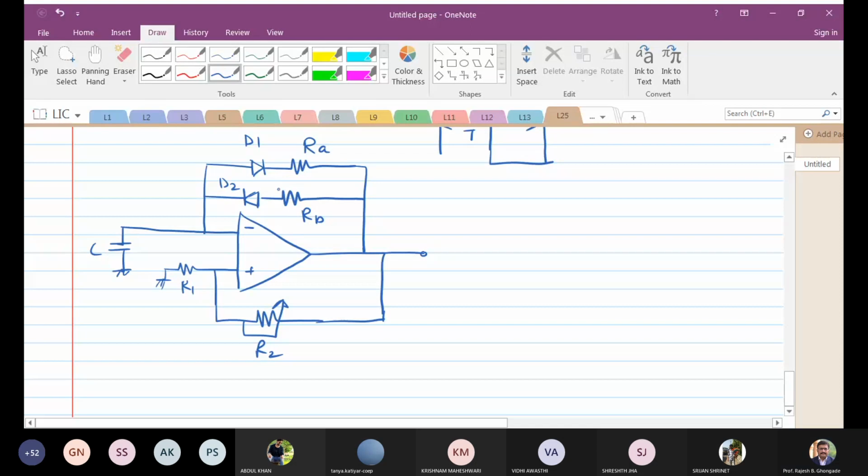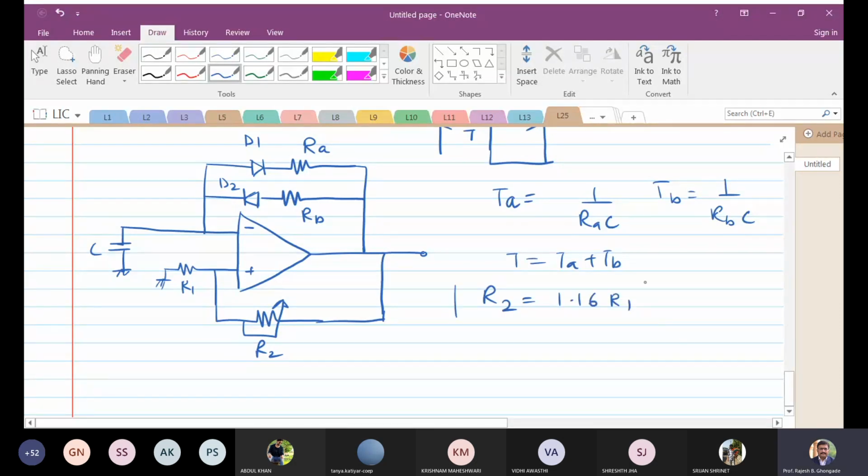Yes, sir. So we have TA as 1 upon RA into C, TB as 1 upon RB into C. So this is the on time and the off time. So T is equal to TA plus TB. Of course, this is under the condition R2 is equal to 1.16 times R1.